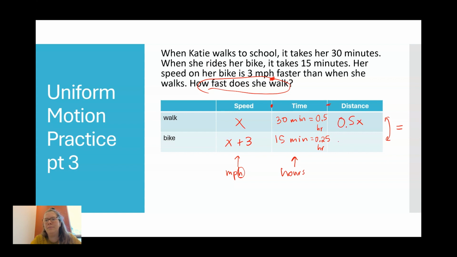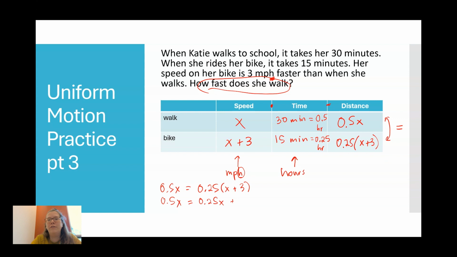0.5x and then 0.25 times x plus 3. Those two are equal. Let's set up our equation. Equals. Okay, I'm going to distribute.